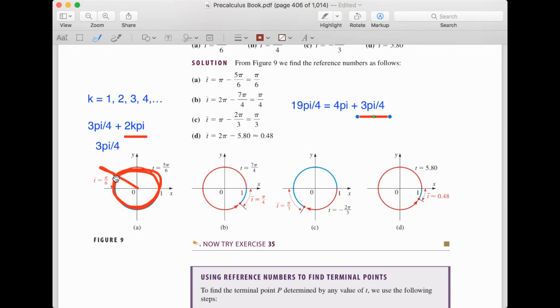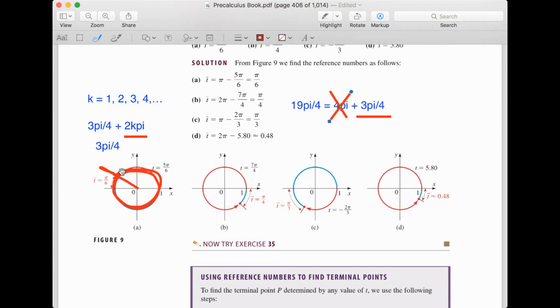Yeah, it makes sense. But earlier you said we can ignore the 4 pi. Why are you ignoring the 4 pi? Because this is the same point. At this moment we're talking about the same point. I can still keep running. I can run another 2 pi. I have 6 pi plus 3 pi over 4.